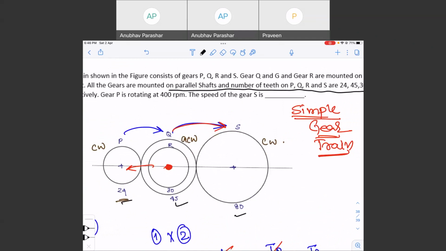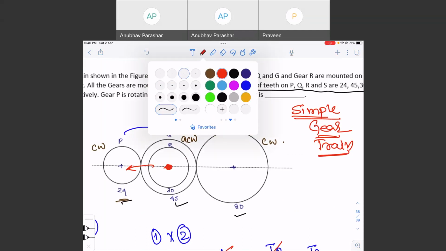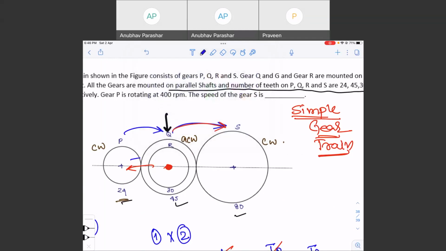But here, gear R is not in use. So it is not a compound gear train. It is a simple gear train, right? Now, if you see Q, Q is an idler gear. Why? It is taking power from P and it is delivering the power to S. So Q is an idler gear.